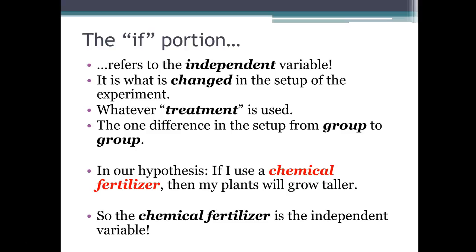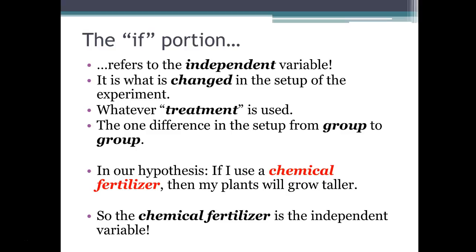But one of the ways that I like to think of the independent variable is that it's always what is being tested to see if it's going to make a difference. Here it says it's what's changed in the setup of the experiment. That's true. You can think of it as whatever treatment is being used. That's true as well, and it's also the difference in the setup from group to group.